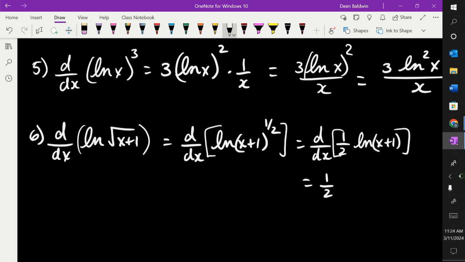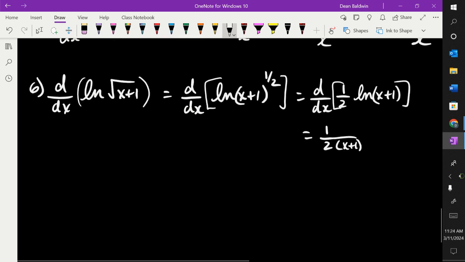The argument goes to the denominator. What's the derivative of x plus 1? It's just 1. So the answer is 1 over 2 times x plus 1. So this is getting us away from the chain rule. Okay? And we'll do one final one.